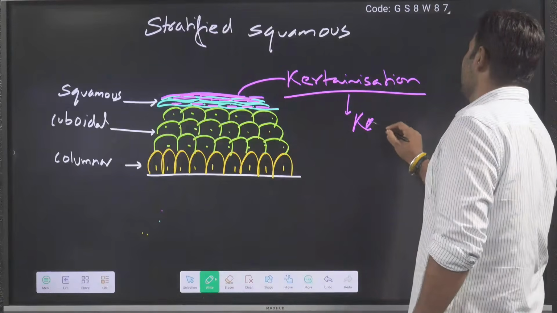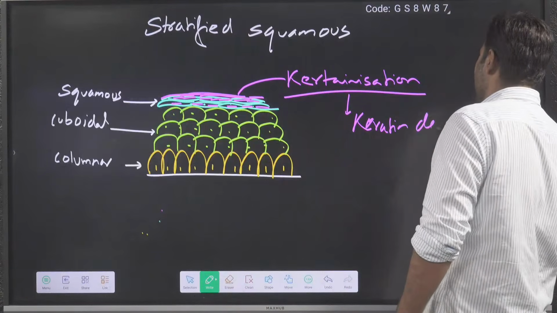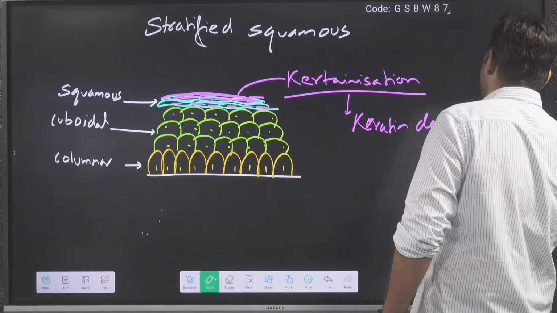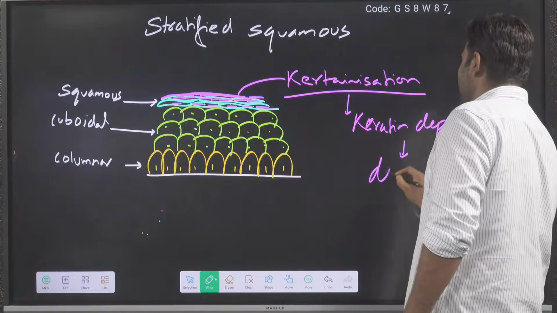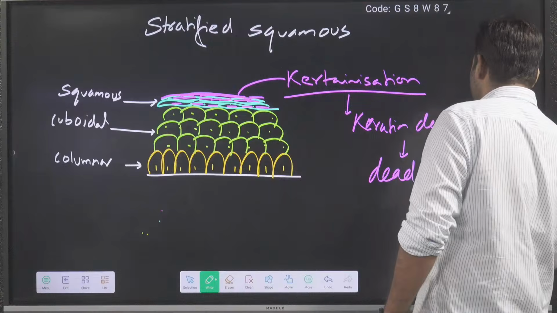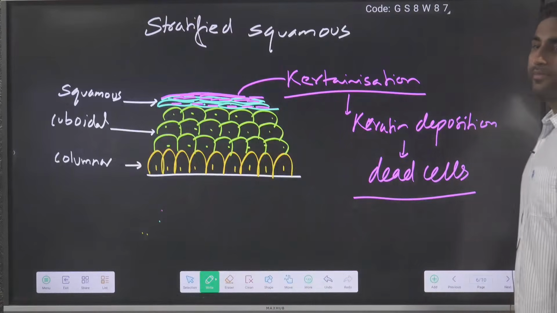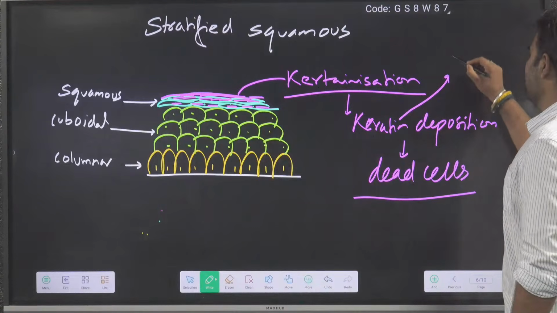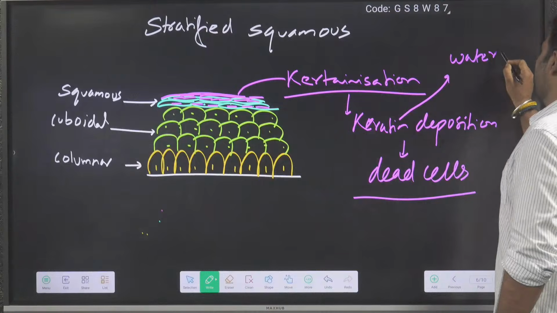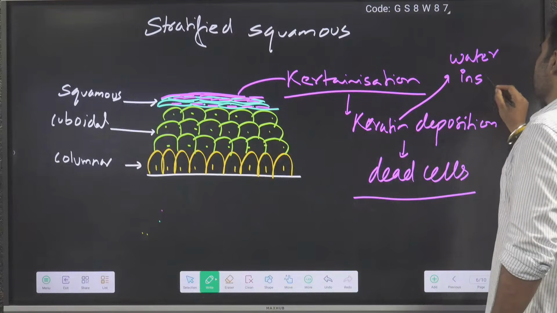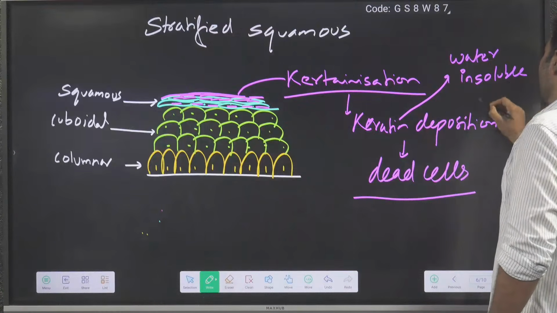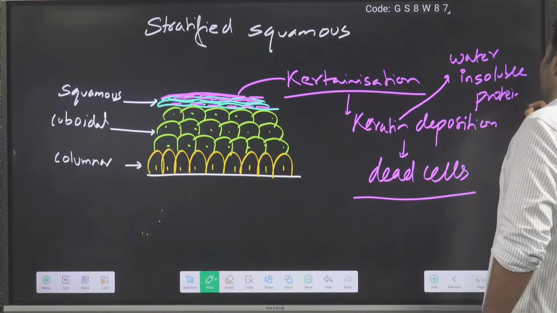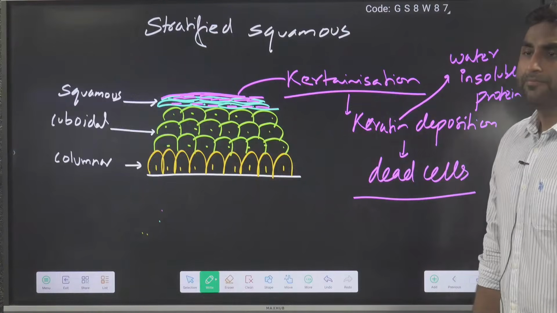Keratin deposition will occur, and due to keratin deposition, the cell will become dead. There will be dead cells. And keratin itself is a water insoluble protein.